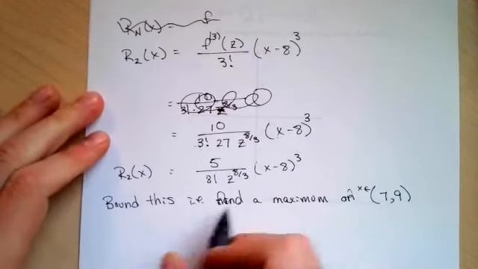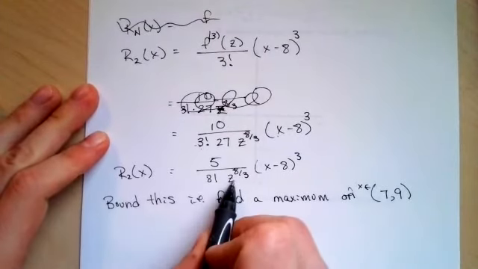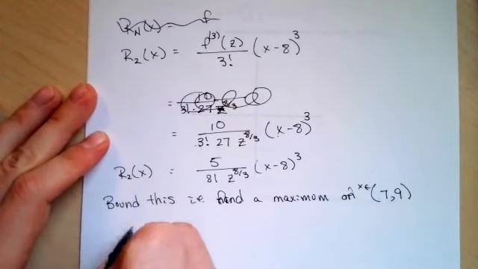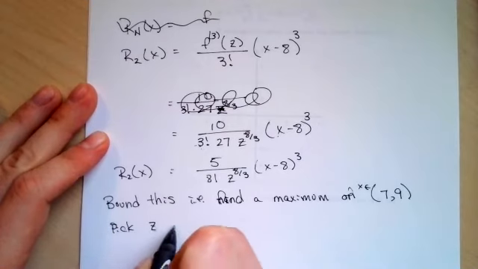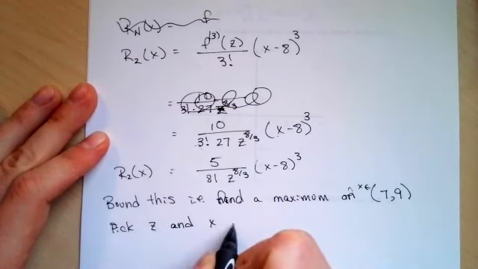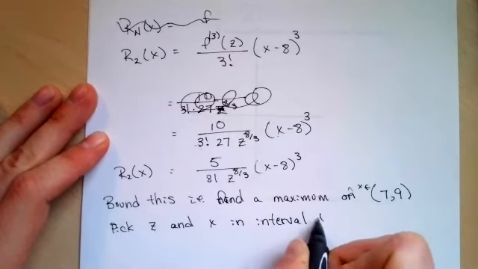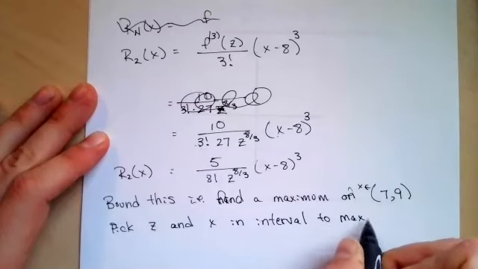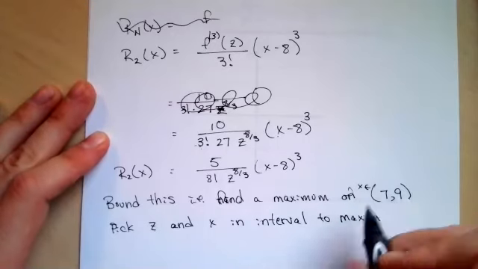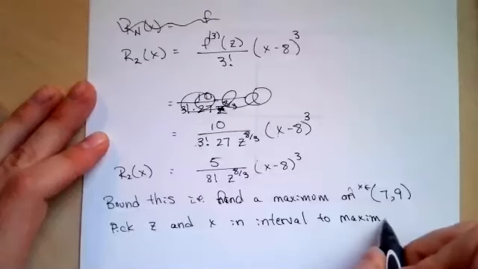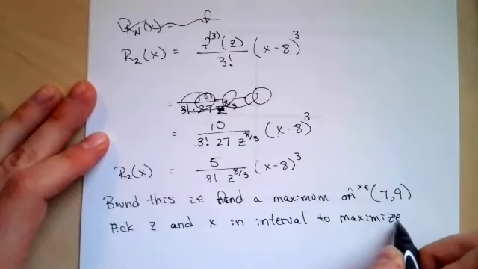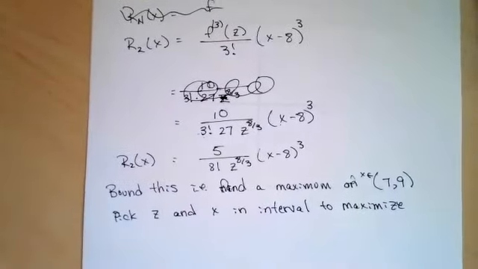So since we have z to the 8/3, essentially pick z and x in the interval to maximize. So whichever z and x combination maximizes this will be our answer.